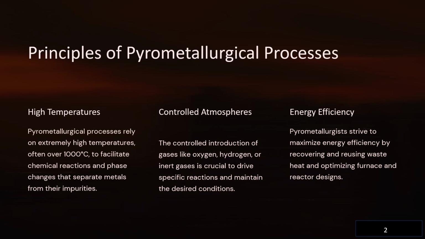Pyrometallurgical processes rely on extremely high temperatures, often over 1000 degrees Celsius, to facilitate chemical reactions and phase changes that separate metals from their impurities. We know that for chemical reactions to occur, the temperature must be high. So this means that the process will also depend on high temperatures.